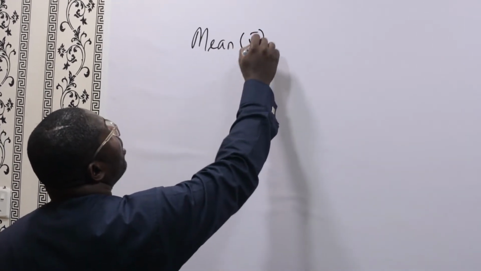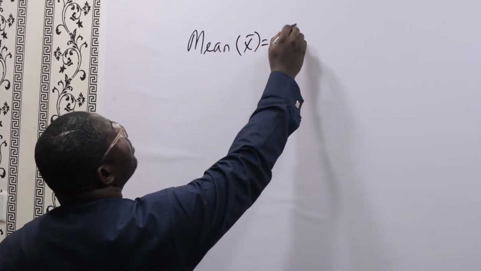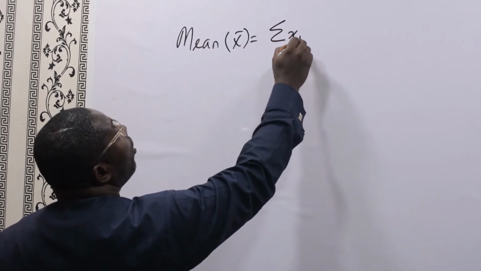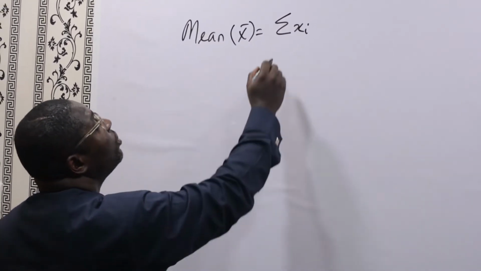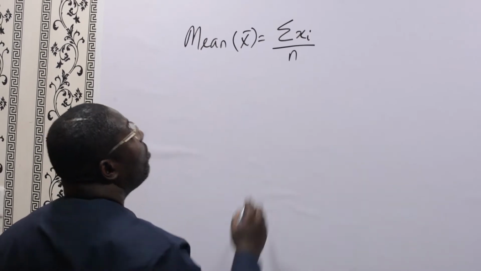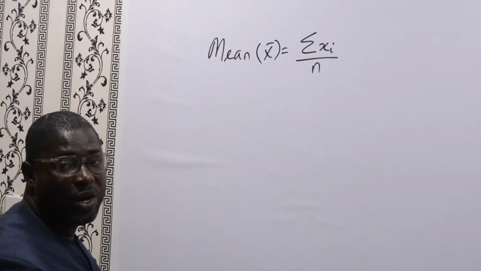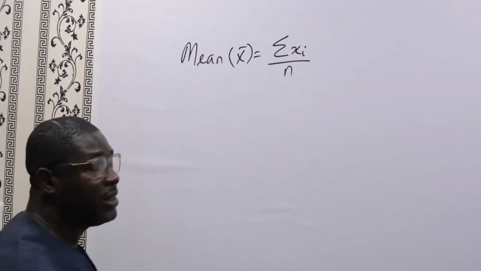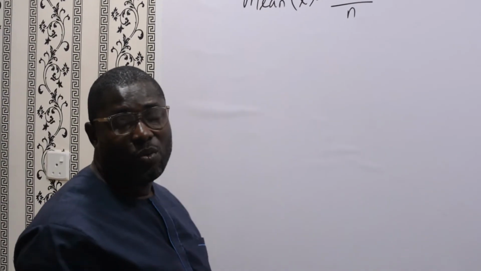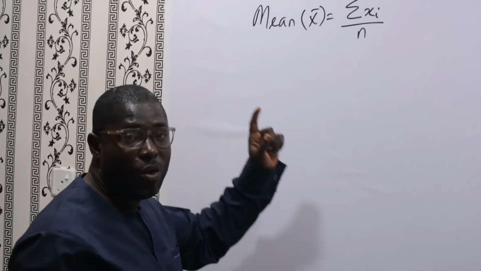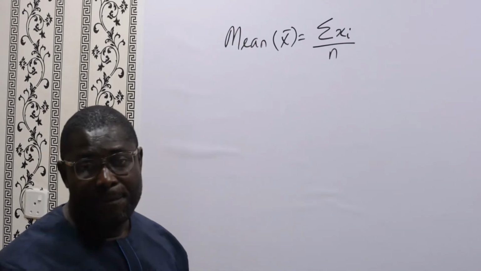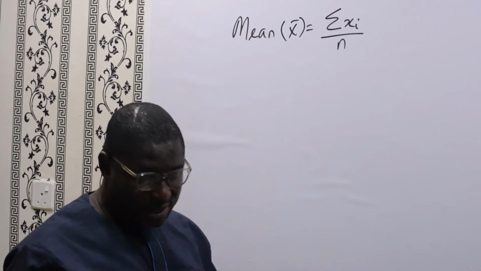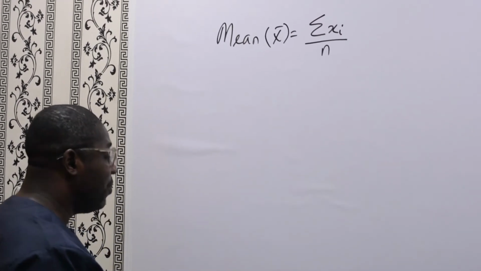X bar is given as the summation of all the elements in the distribution divided by the number of elements. Very quickly, we're going to look at one or two examples of finding the mean of what we call raw, discrete data.